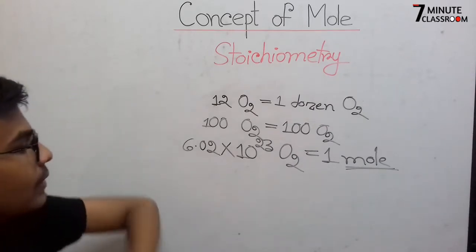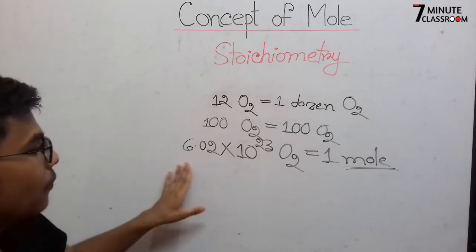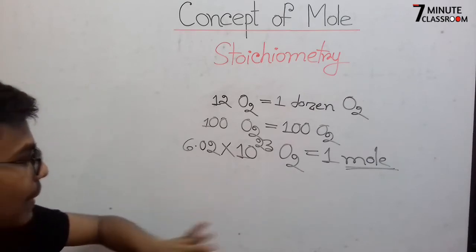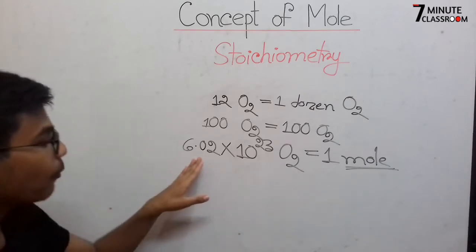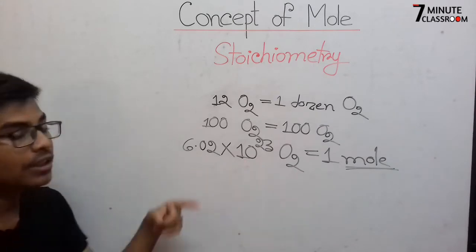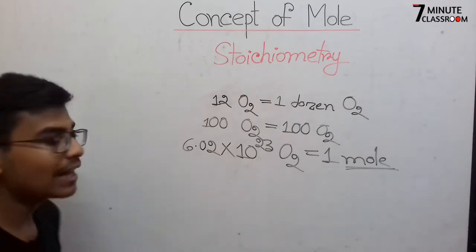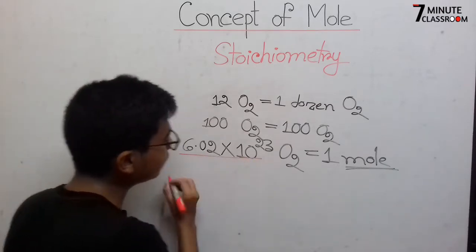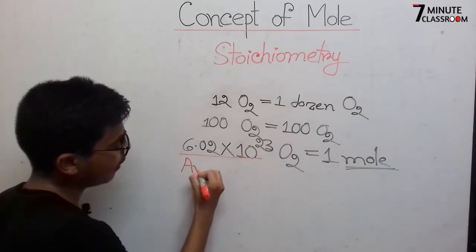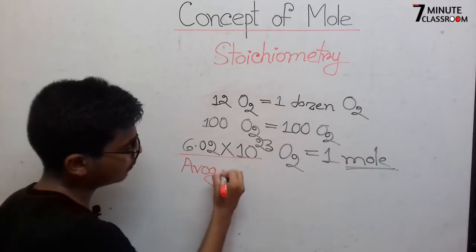Okay, so mole is also a unit, which is based on this number, 6.02 into 10 to the power 23. And do you know what this number is called? This number is called Avogadro number.